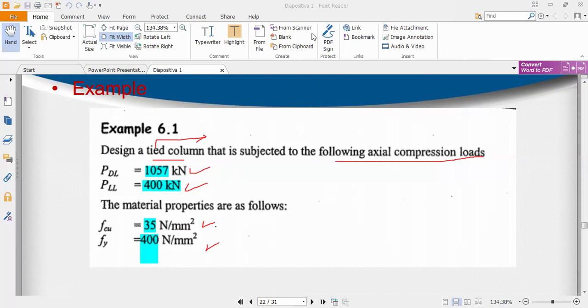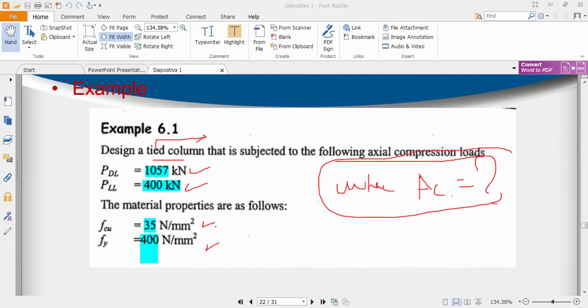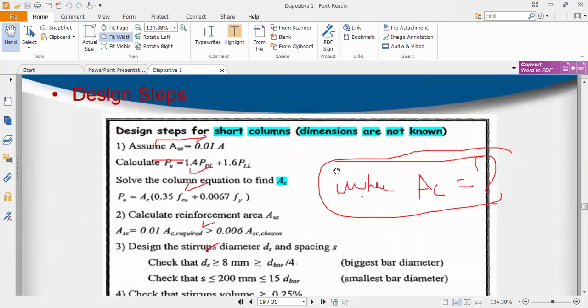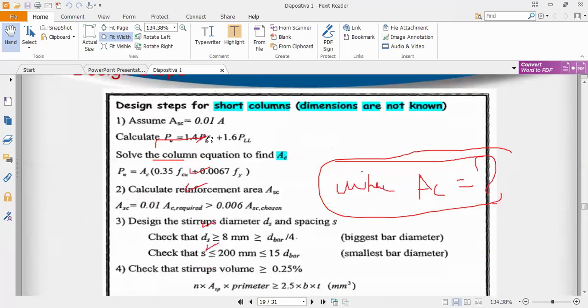I was asked where area C is unknown. Yes. We will return to the previous slide. If you maintain these steps, you can solve these problems easily and adequately in our exam. Okay.